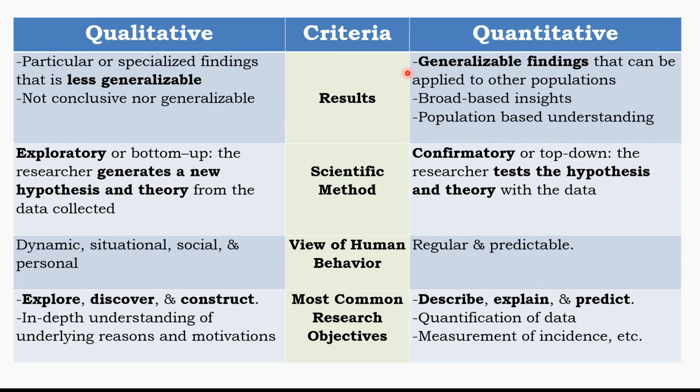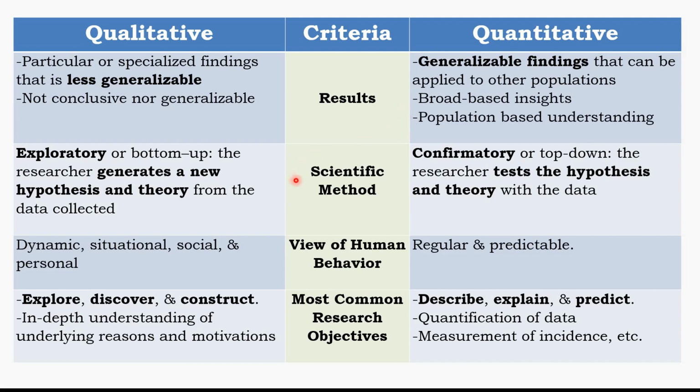For quantitative, you get generalizable findings that can be applied to other populations, which means the result in one group may be applied to another group in the same level. You get broad-based insights as well as population-based understanding.